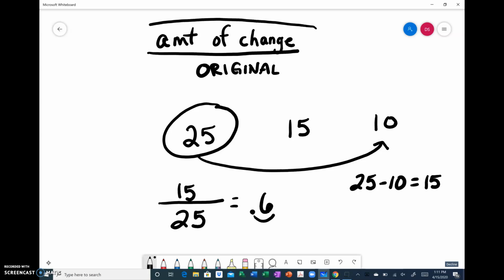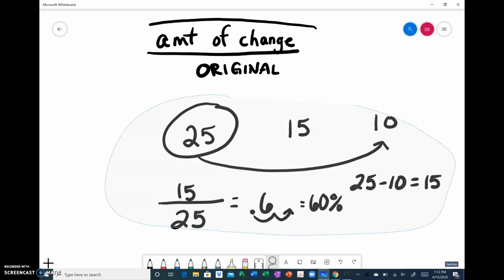Sorry, I need to convert that to a percent, and that would be 60%. So 60% decrease because we went down in the goals scored against you by your third year. So congratulations, you're a good goalie. All right, that's 27. Let me take that off of here.